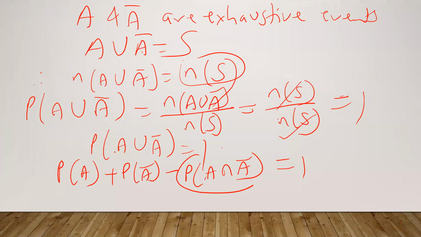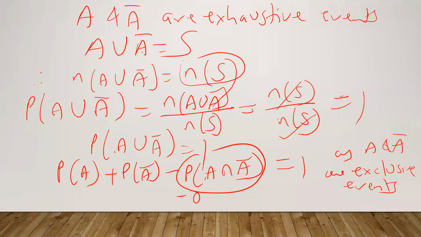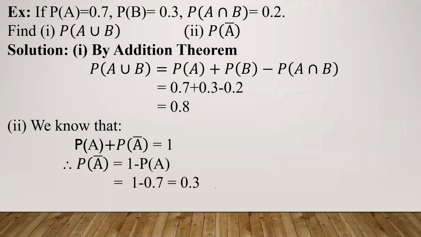But this is 0. Why? Because A and A complement are exclusive events. There is nothing common to them. Therefore, this is 0. So what will you get finally? The probability of A plus the probability of A complement is equal to 1. This is again a very, very important thing.